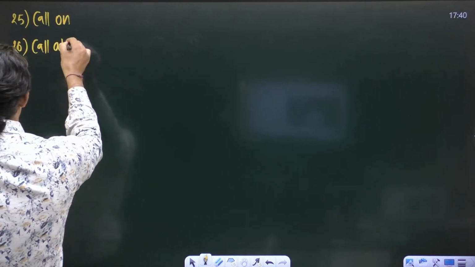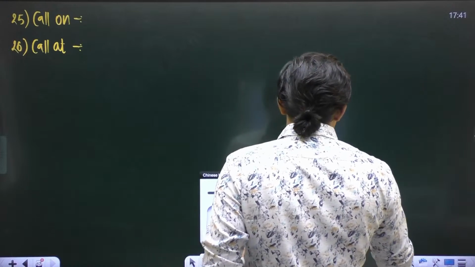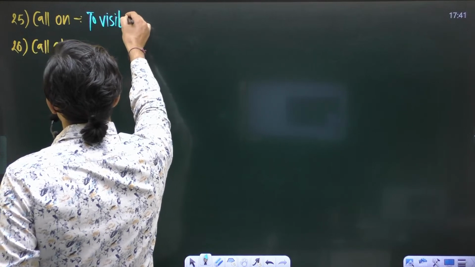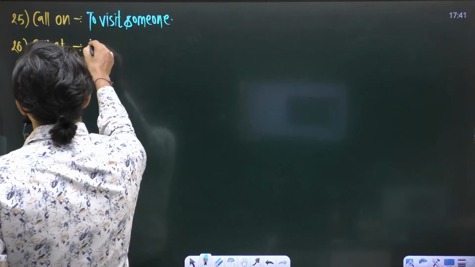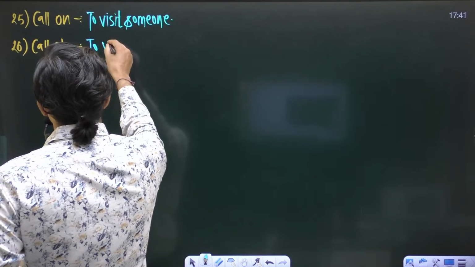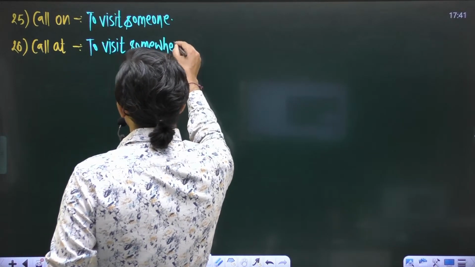Phrasal verb number 25. And these two phrasal verbs are very important. Call on and call at. Okay, what is the meaning of call on and call at? Call on means to visit someone, to visit a person. Call at means to visit somewhere, to visit a place.